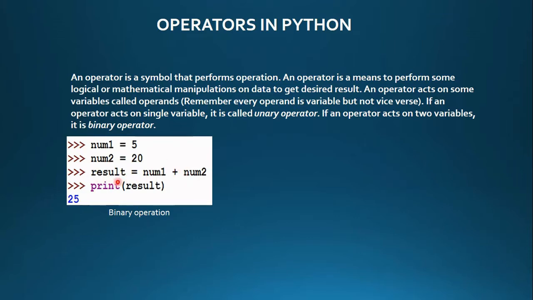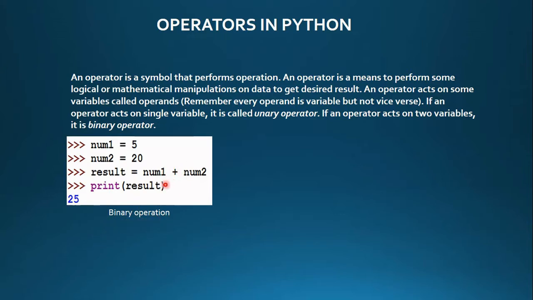And result is another variable which will be assigned the summation of num1 and num2. When I print result it will give 25. Now look very carefully, this plus symbol acts on two variables, num1 and num2. That's why it is a binary operation, and plus is a binary operator.